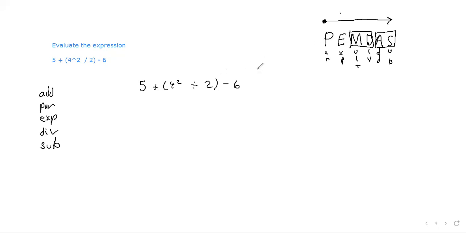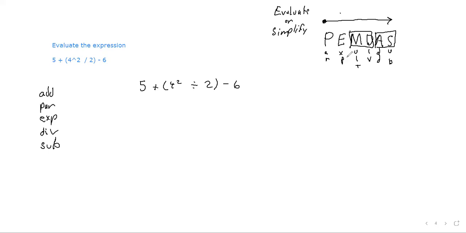So let's go ahead and put this into practice. PEMDAS over here, I have it written on the right. We're evaluating, so that means we're going to go from left to right. Whenever you evaluate or simplify, you go from left to right. The first letter is parenthesis or brackets.